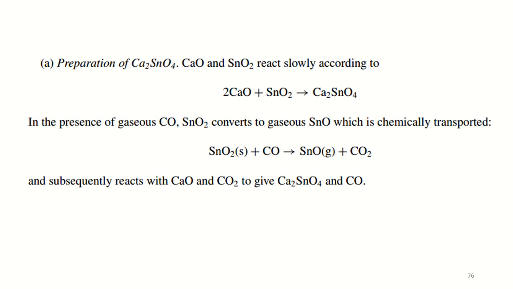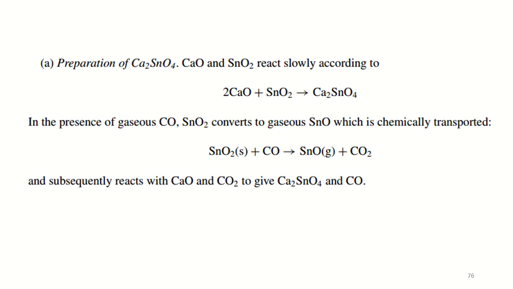According to this equation, we can see that calcium oxide and tin oxide react together and change into calcium tin oxide, which is Ca2SnO4. In the presence of gaseous carbon monoxide, tin oxide converts to gaseous tin oxide, which is chemically transported.